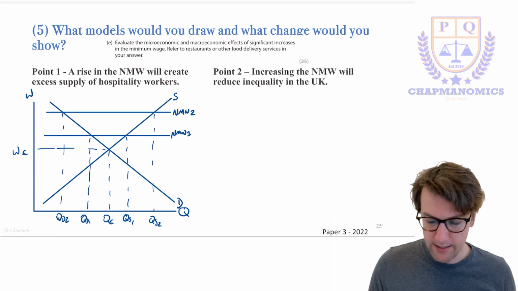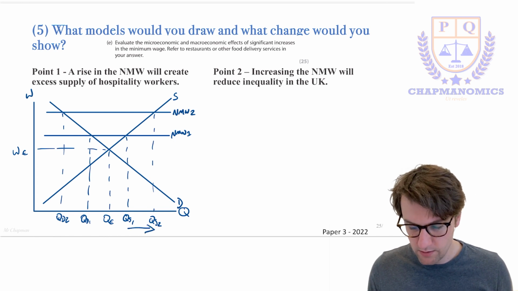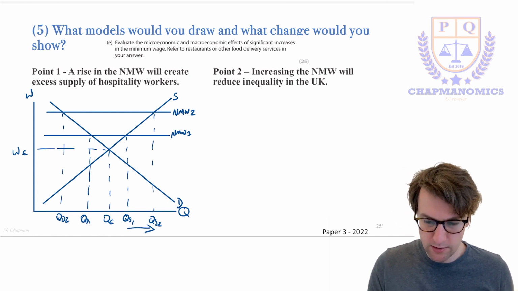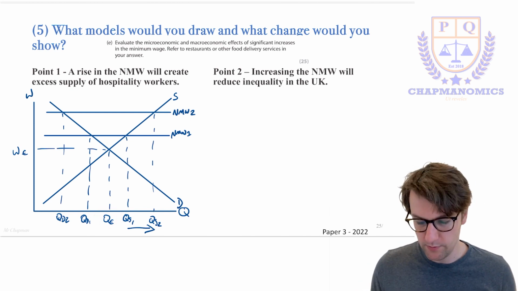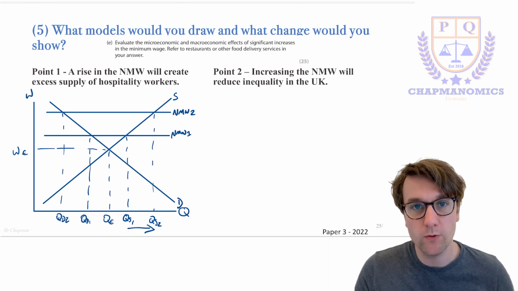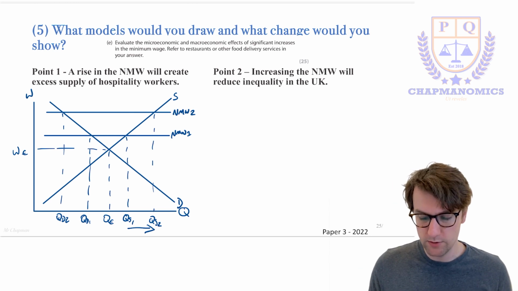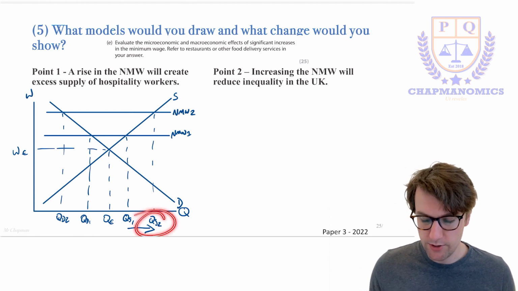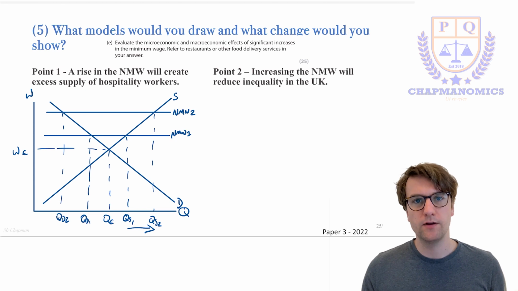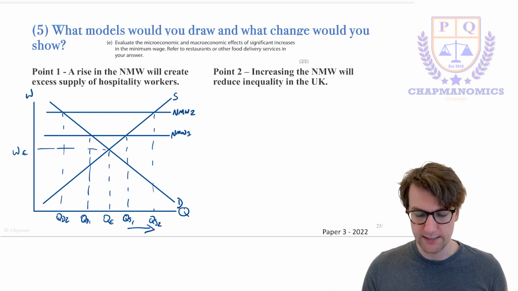And we can then point out what it's doing to supply. So supply has gone from our quantity at equilibrium, where the market is simply working itself out, to a quantity supplied 1 when the first national minimum wage was implemented, to a second quantity supplied when this national minimum wage increased significantly.